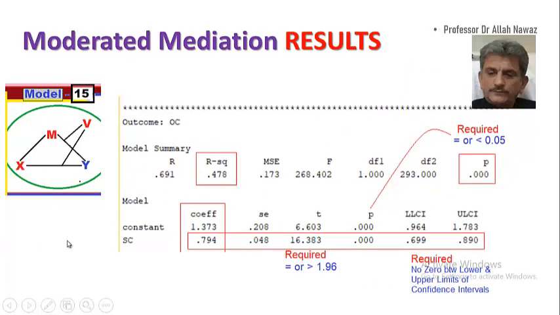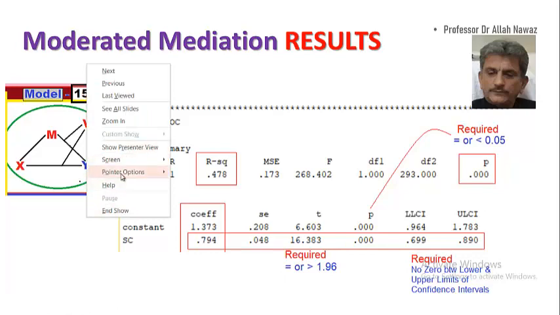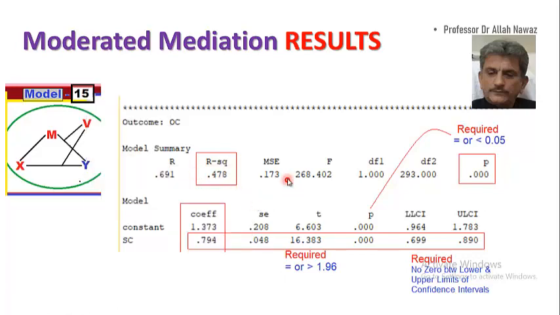about the impacts of self-confidence, path A, the impacts of self-confidence on organizational culture, shows that R square is 0.478, meaning that around 48% of variation in organizational culture is coming from the self-confidence. And this result of 0.478 is also significant because the p-value is 0.000 while the required is equal to or less than 0.05.